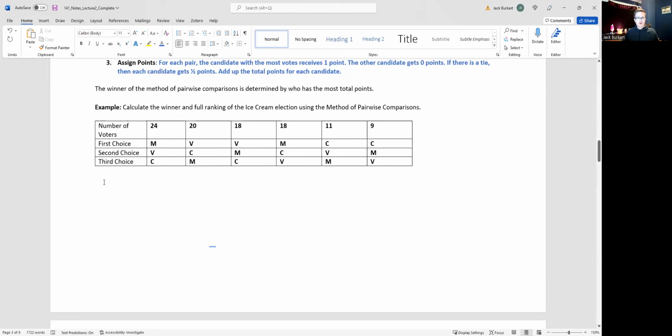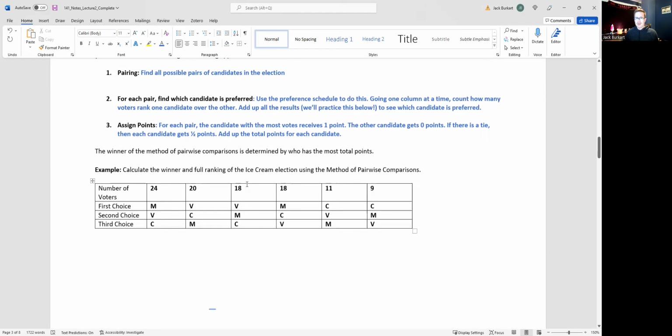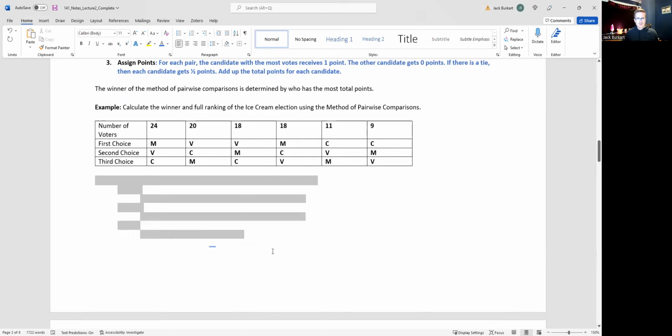All right, so hopefully you paused and you've done some work. Maybe you have some questions, but let's talk about how to solve this problem very quickly. I think the hardest part in the method of pairwise comparisons is not counting who gets more votes than the others, it's figuring out all possible pairs of candidates in the election. So let me unveil the results right here.